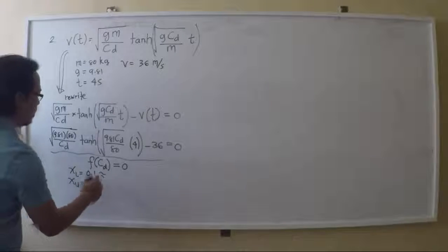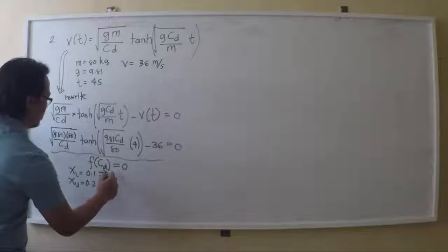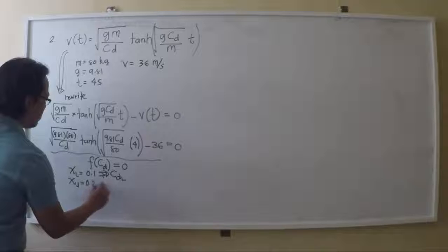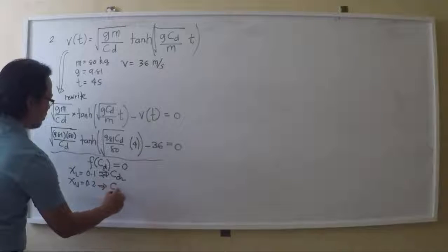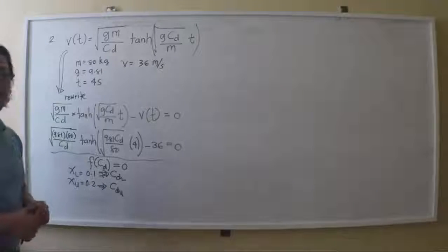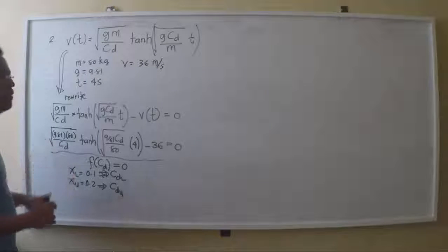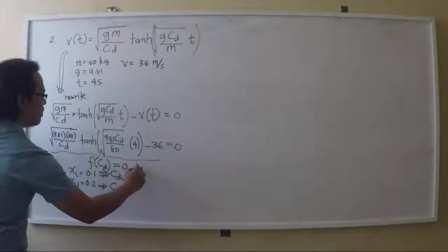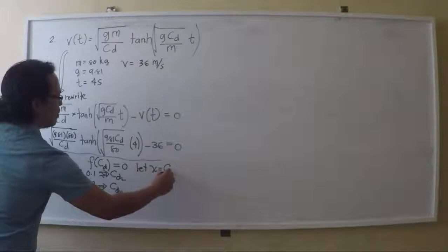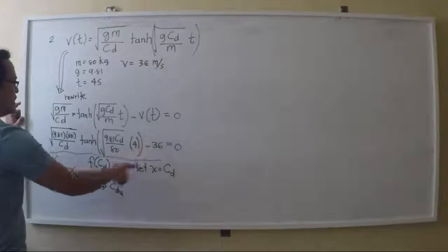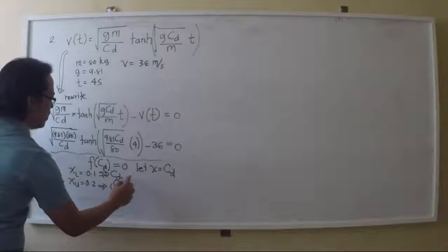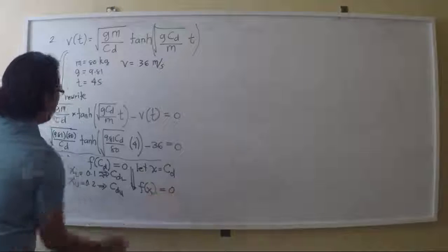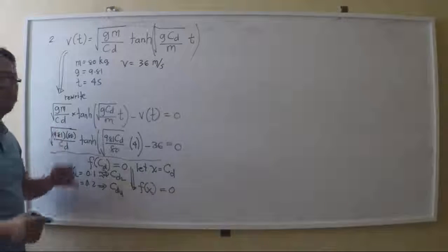Refers to the CDL, the lower limit, and this one is the upper limit of the coefficient of drag. If we use f of x here, that is not a problem also. If we let x equal CD, that's not a problem. This whole thing will become a function of x equal to 0. We can do that, it's not a problem.